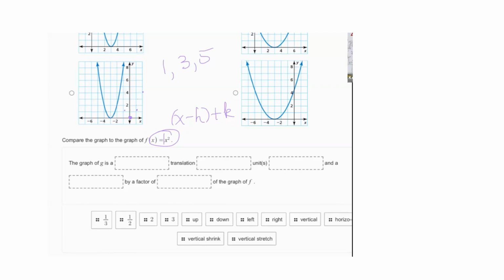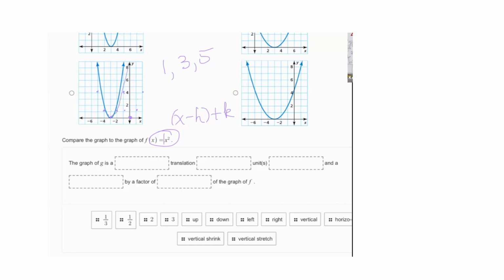If the vertex was there and A was equal to 1, it would just go up 1, out 1, and then up 1, 2, 3, out 1. I'm just drawing it over here so we can see.